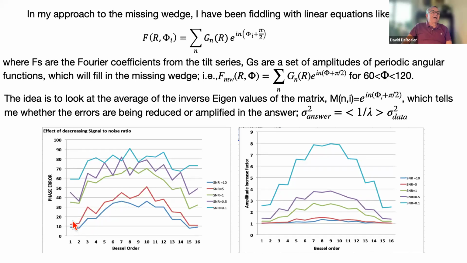You can see the values before you get to the missing wedge, which is 60 to 120, are quite low. So all of the errors are being piled up in the missing wedge, because of course those errors don't show up in the original data. So the answer is it sweeps all the dirt under the carpet.